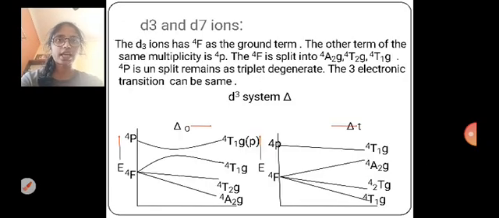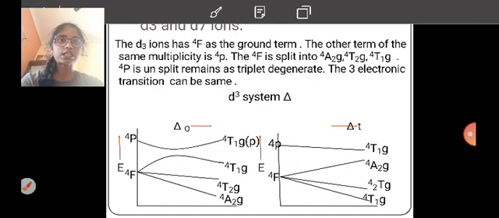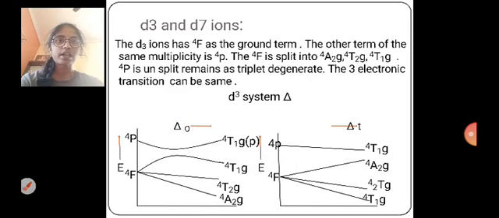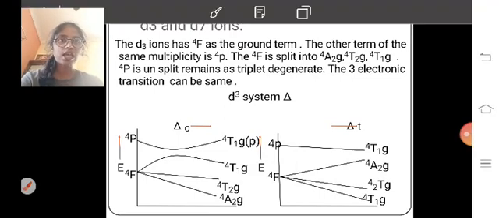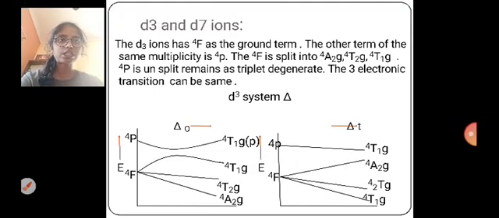D3 and D7 ions. The D3 ion has 4F as ground state term. The other term of the same multiplicity is 4P. The 4F splits into 4A2g, 4T2g, 4T1g. 4P remains as triplet degenerate.